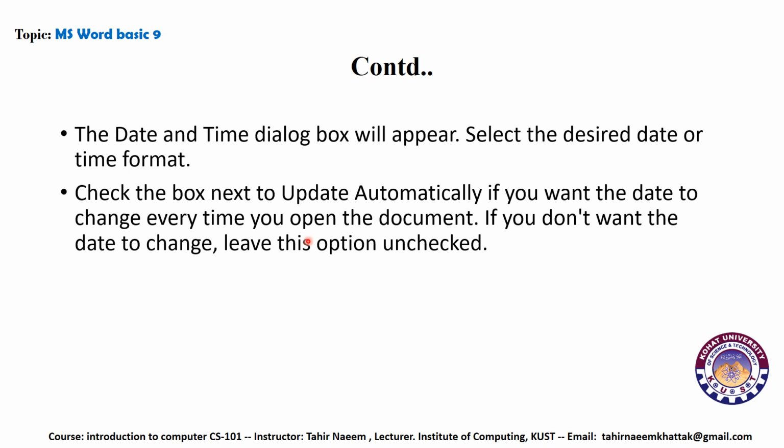So basically there is also an option available where we can check it so that whenever we open the document the date is updated, or if we leave it unchecked then it will contain the time of the document creation. We will click OK.